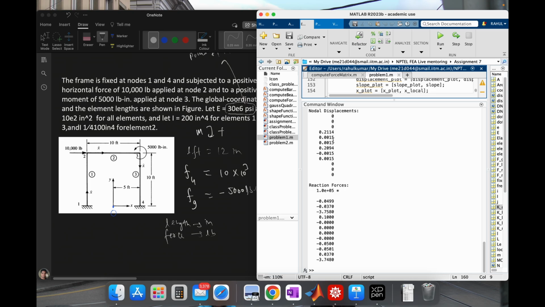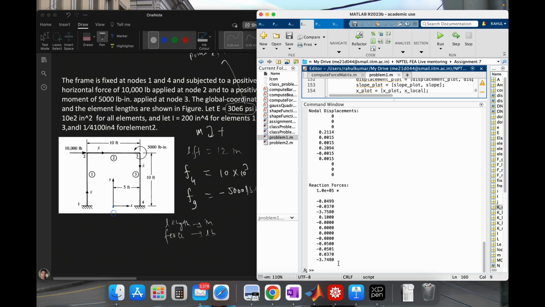Because of this deflection, maybe it will rotate in the clockwise direction, so that's why it is coming out positive. And at node 4 all these entries are the same, and these are all nodal forces.